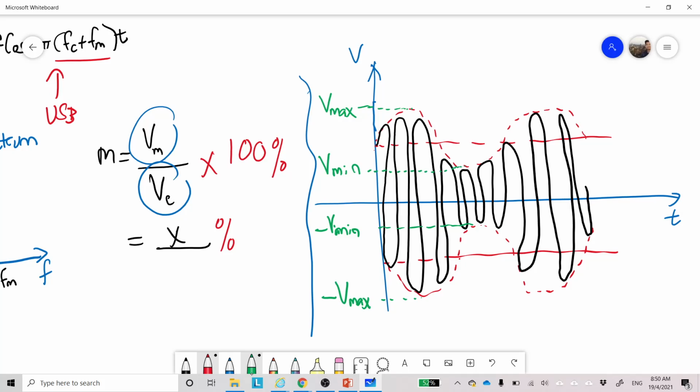You can find the modulation index using both of these.